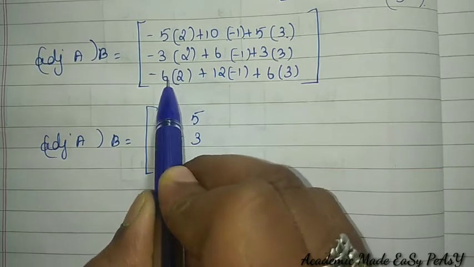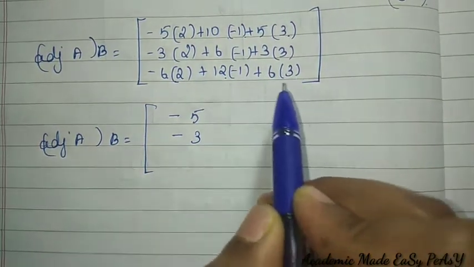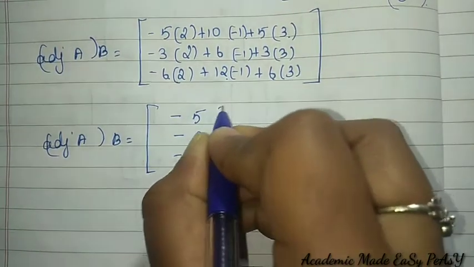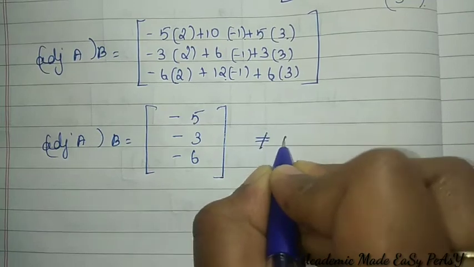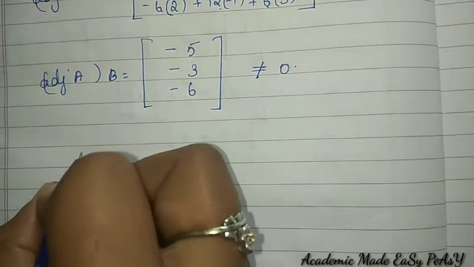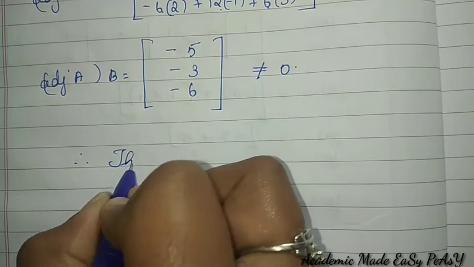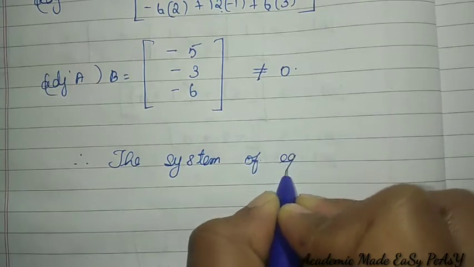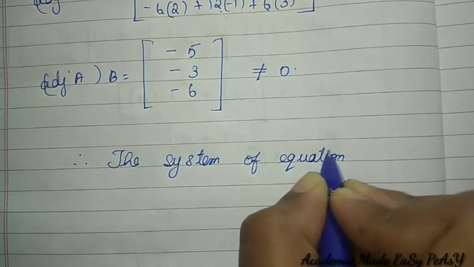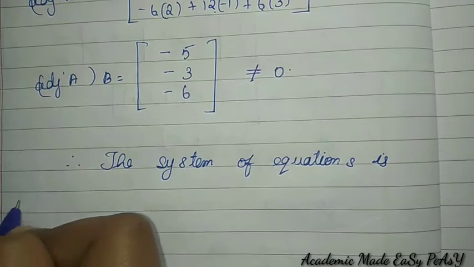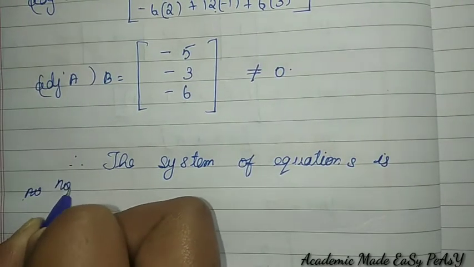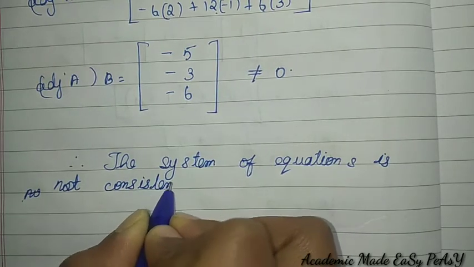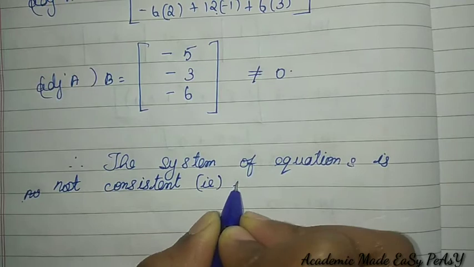So minus 12 to minus 24 plus 18, it is minus 6. Which is not equal to 0. Therefore, I will say that the system of equations is not consistent. That is inconsistent.